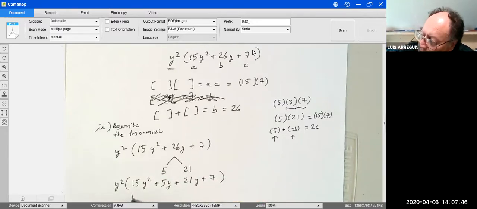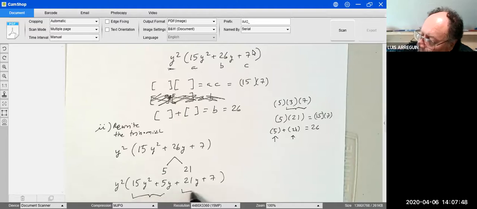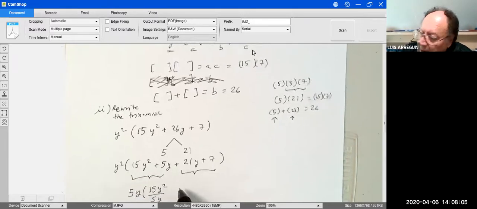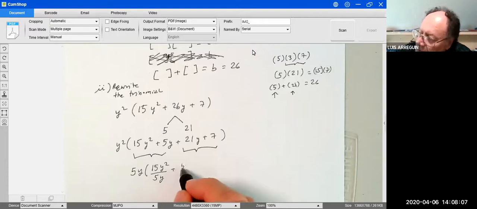So now I have my trinomial broken. Now I'm going to do factoring by grouping of these two groups. What is the greatest common factor for these two elements? It's going to be 5 for coefficients and y for variables. So I'm going to divide 15y squared over 5y and plus 5y over 5y.